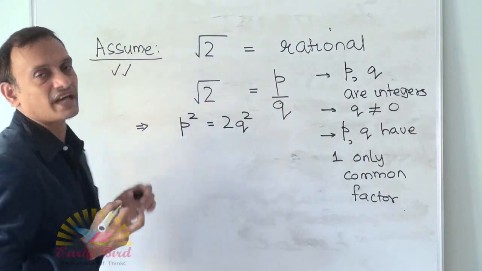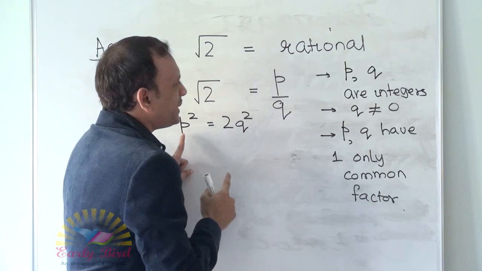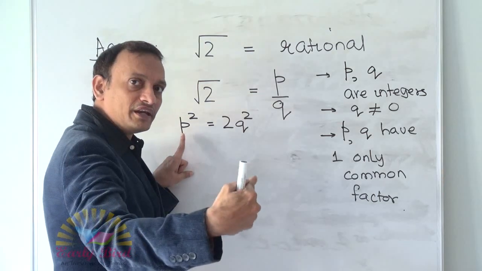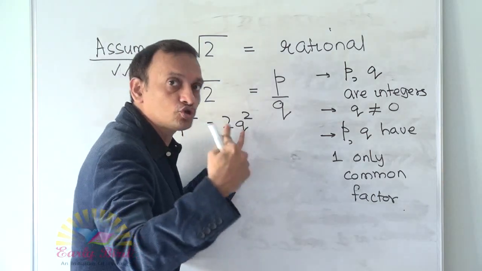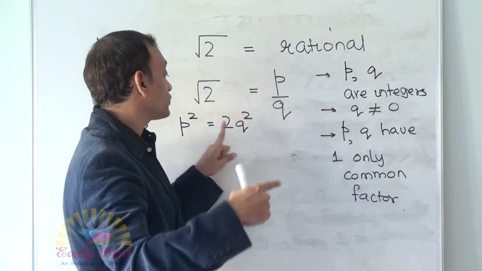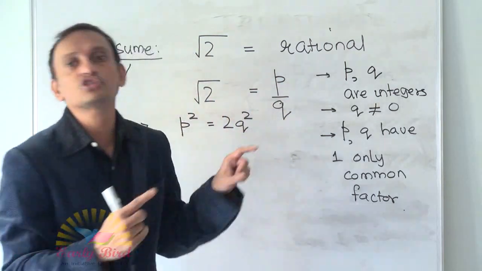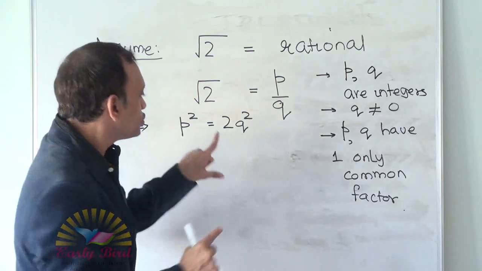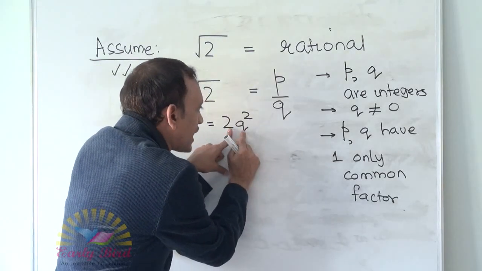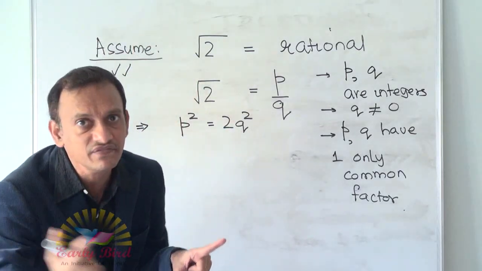Now, what does that mean? p is an integer, so p squared would be an integer. q is an integer, so q squared is going to be an integer. 2 times an integer is going to be what? An even integer. 2 times q squared is 2 times an integer, which is going to be an even integer.